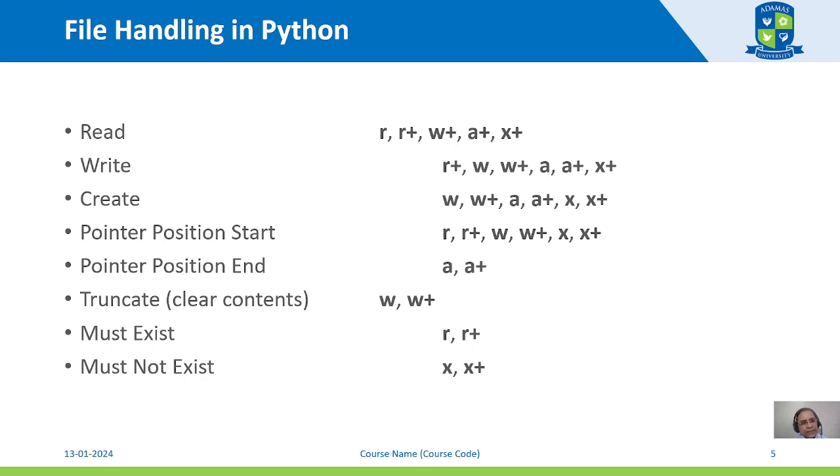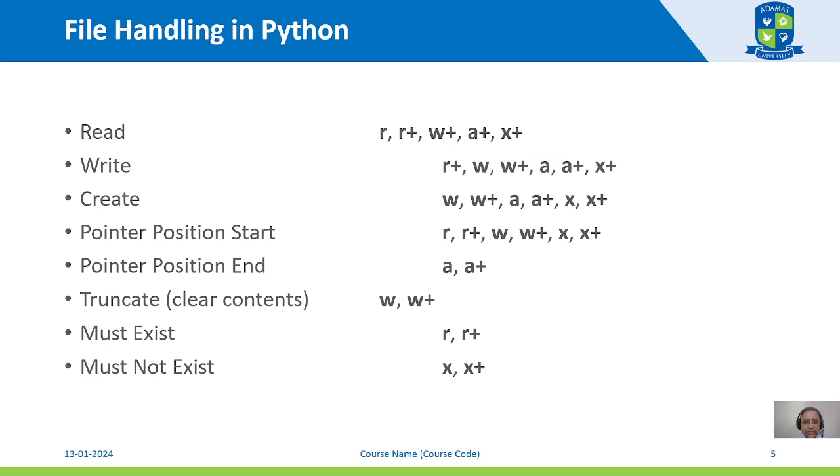Here you can see the read mode is given R, R plus, W plus, A plus, X plus. A is the append mode and X is the exclusive mode, and R is the read mode, R plus. Now you can see, we can also open the file in W, and same if we open it R plus, both are same.